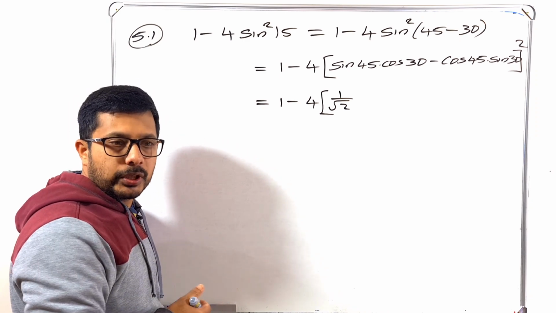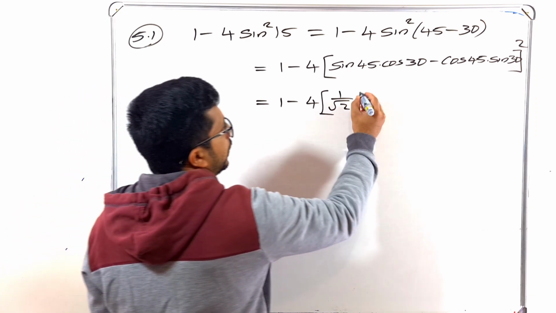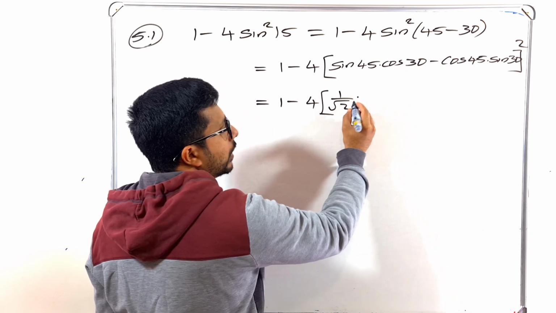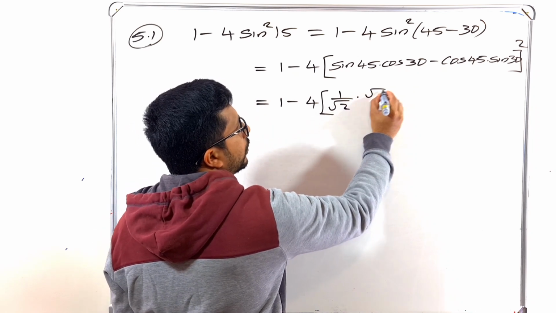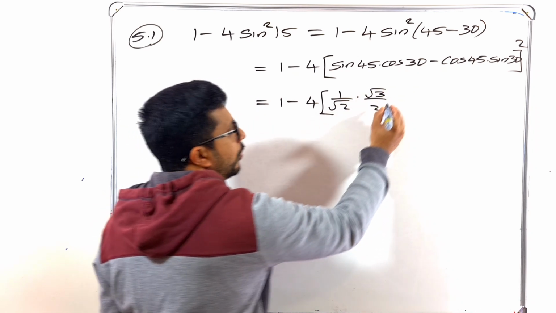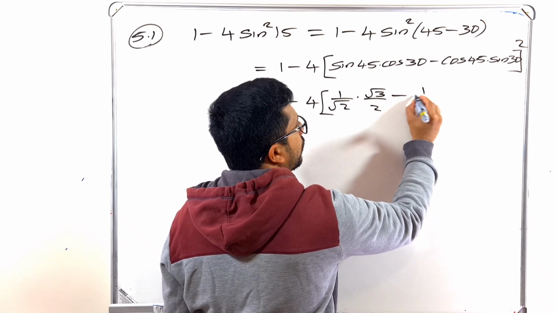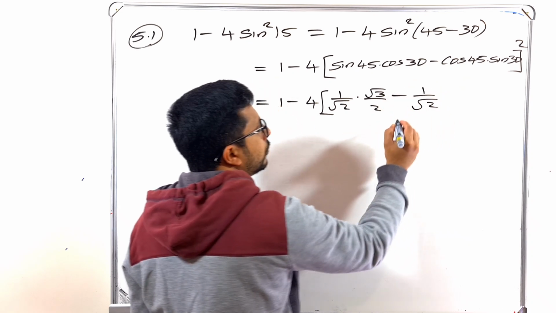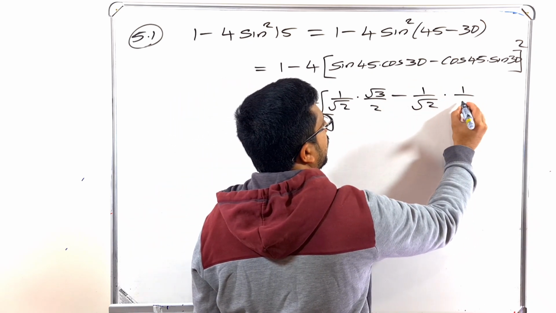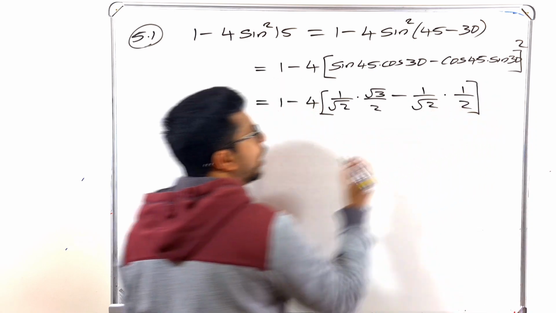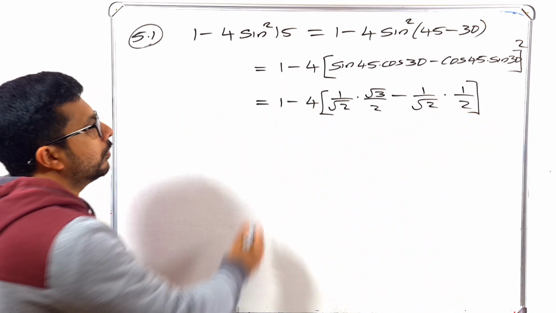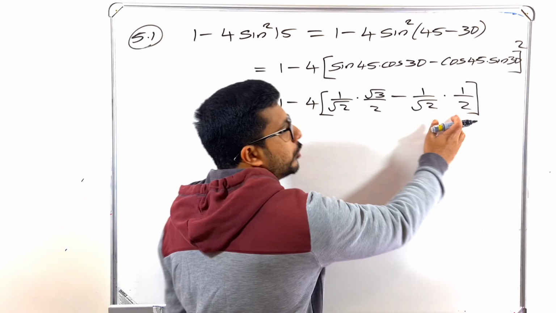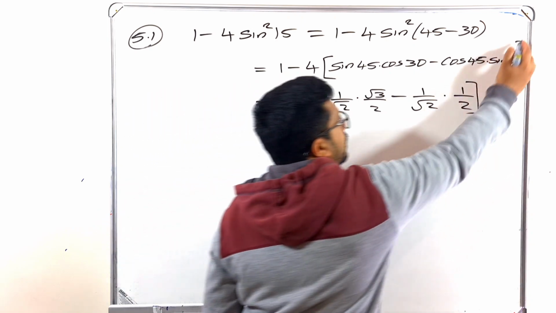You have to know without any mistake. Into cos 30, root 3 by 2, minus cos 45, that is also 1 over root 2, into sine 30, that is 1 over 2, half. So I substituted the values there, then there is a square.